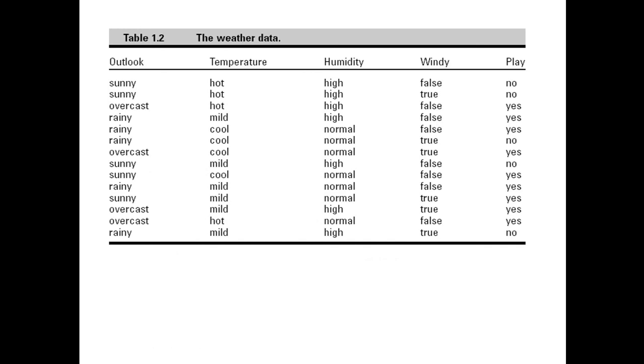So here is the data set. If you missed this last time, right? So in this data set, we have outlook, temperature, humidity, windy and play. So these are called attributes. So outlook is an attribute, temperature another one, humidity another one, windy another one, and we are trying to predict play. So you can also find your own data set for a similar task.